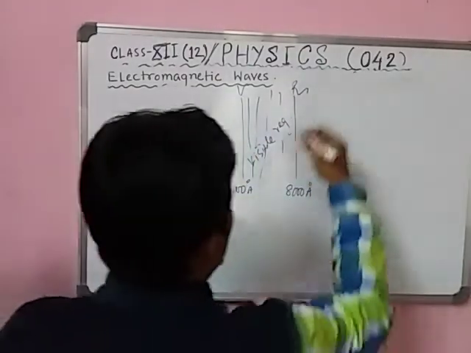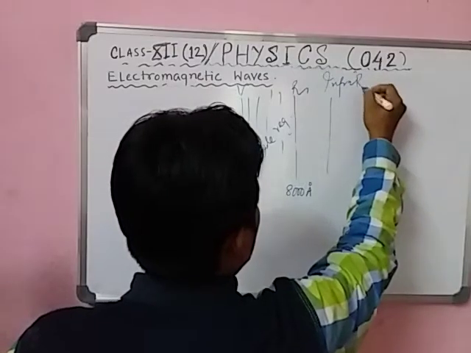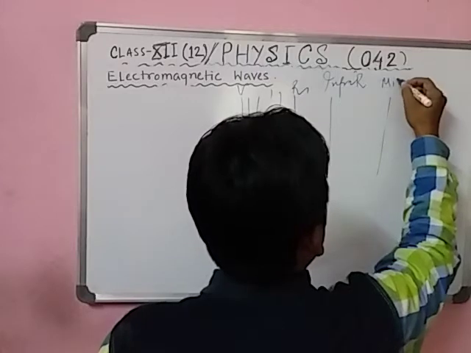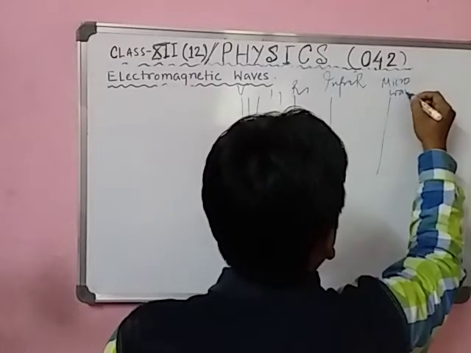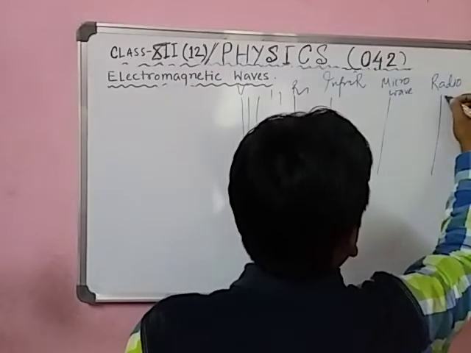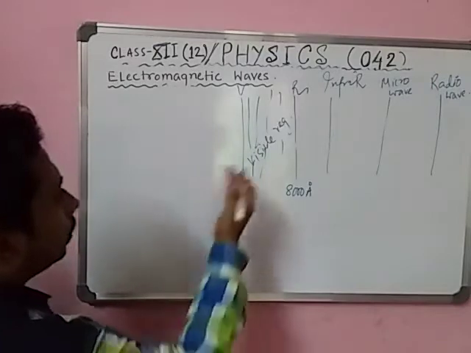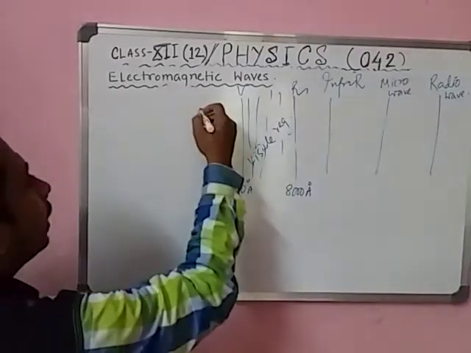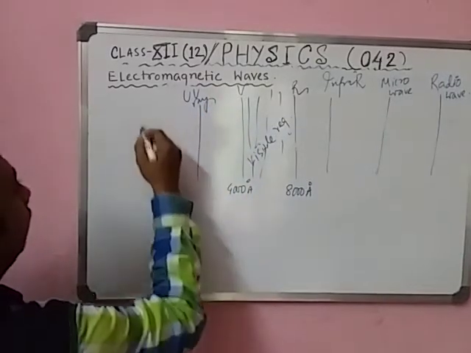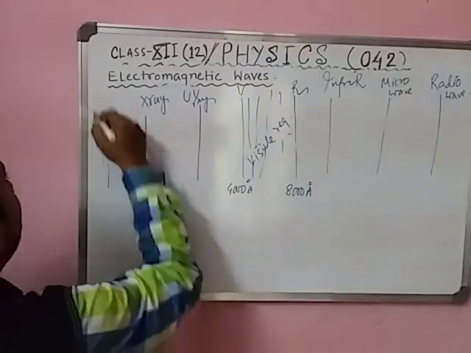Beyond red it's called infrared, then microwave, then radio wave. Similarly, beyond violet is ultraviolet, UV ray, then X-ray, and then gamma ray.